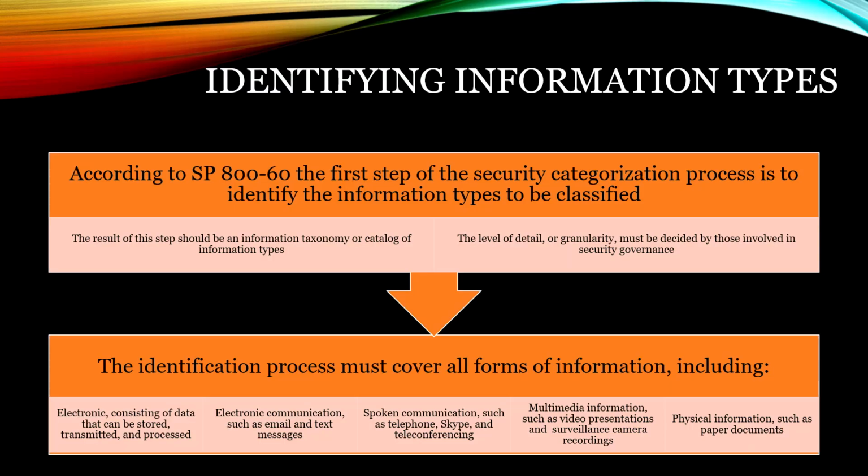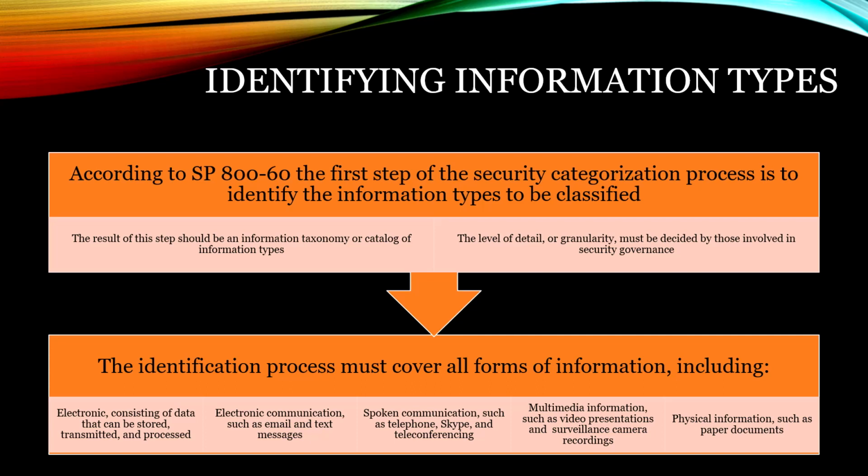So once you've done the categorization, you can find tips on how to define and identify types of information. According to NIST 800-60, first step is once we've categorized a process, we need to look at the level of detail, granularity, and look at what governance requirements are there. The results of this step should be an information taxonomy or catalog of information types.